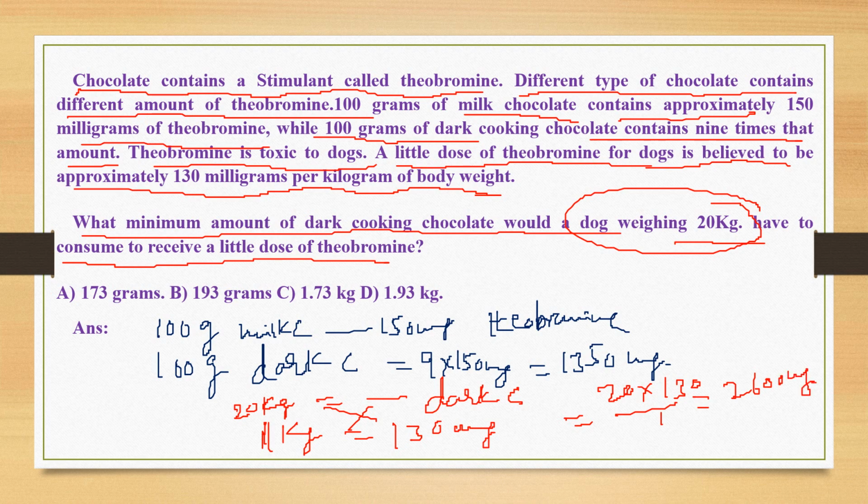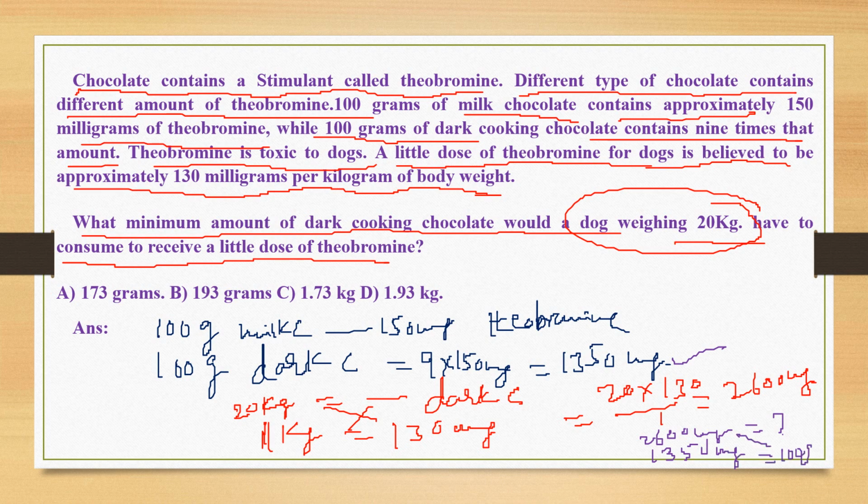So lastly it is asking for grams of chocolate. 2600 milligrams is equal to how much? As per our calculation, 1350 milligrams I already calculated, which is 9 times greater. So 1350 milligrams is equal to 100 grams.